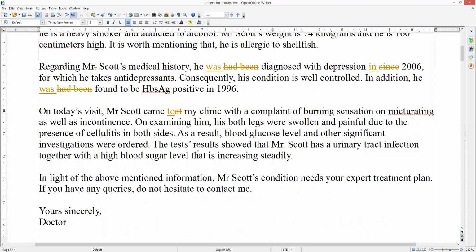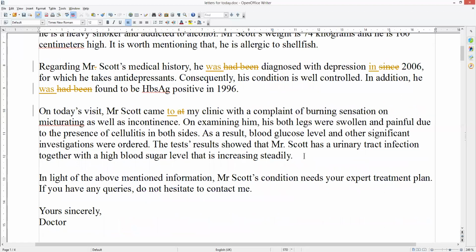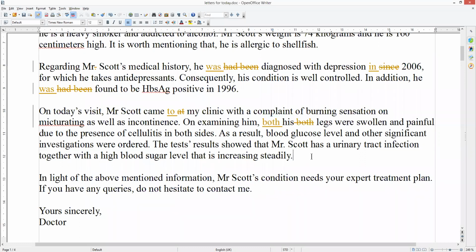"Came to my clinic with a complaint of burning sensation on micturating as well as incontinence. On examining him," you mean on examination, "both his legs were swollen and painful due to the presence of cellulitis in both sides. As a result, blood glucose, all those significant investigations were ordered."